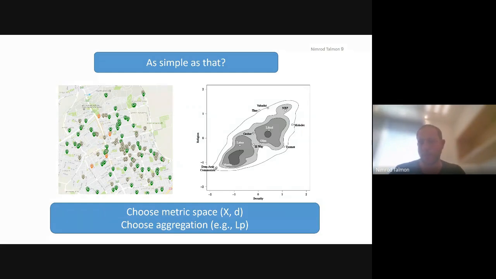As I said before, if we want to use it, basically what we need to do is to choose the metric space, to choose the elements of the metric space, and to choose the distance of the metric space, then to choose some kind of aggregation method that runs on metric spaces. For example, try to find the centroid, like the element in the metric space that minimizes the sum of distances from it. And then we have a general aggregation method that can deal with any kind of decision.